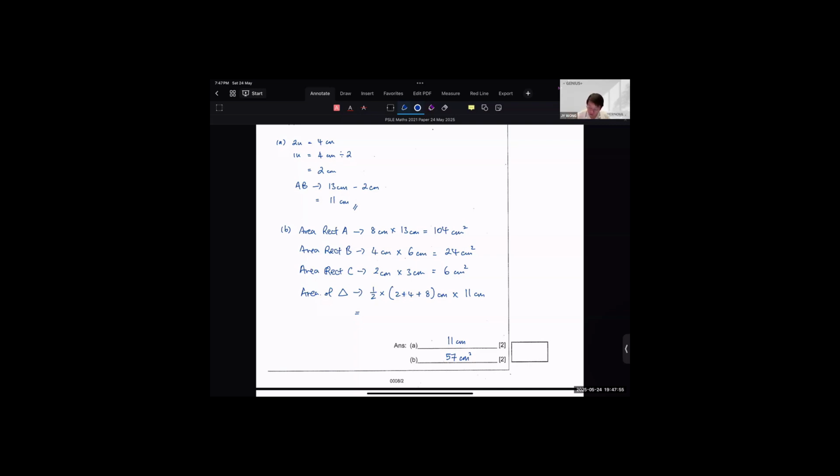And that is 77 cm squared. And therefore, your shaded area is your area of the whole figure, which is 104 plus 24 plus 6 minus 77, which will give me 57.